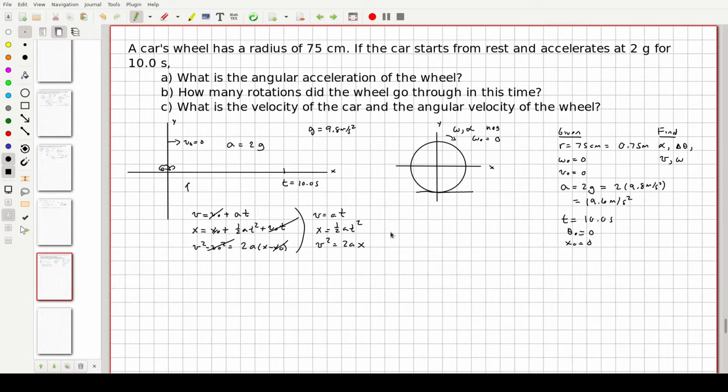So let's find v first. And to do that, I propose we use this. So v is equal to 19.6 meters per second squared times 10 seconds.